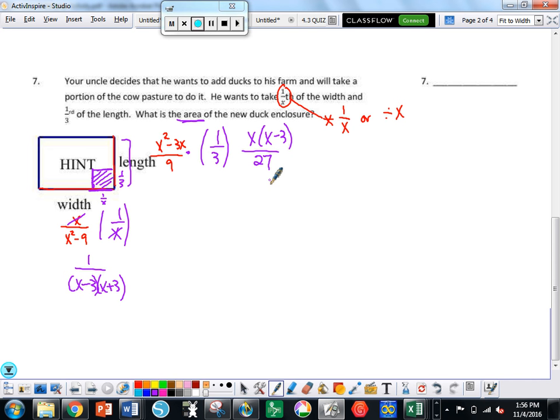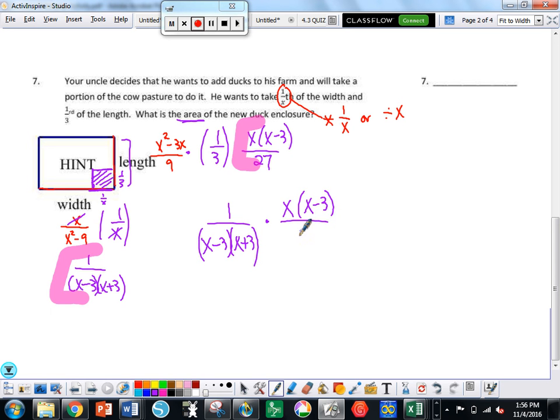Now if I want the new area, I have to take the side length here and the side length here, and multiply those two numbers together to find the new area of my duct enclosure. So what happens here?